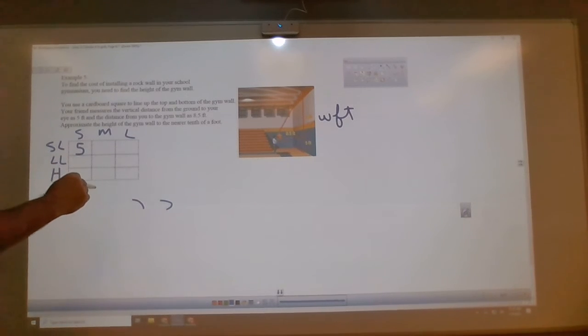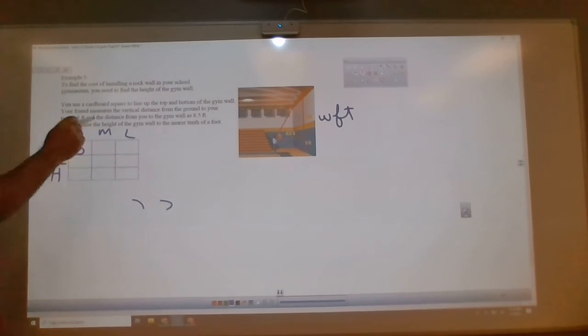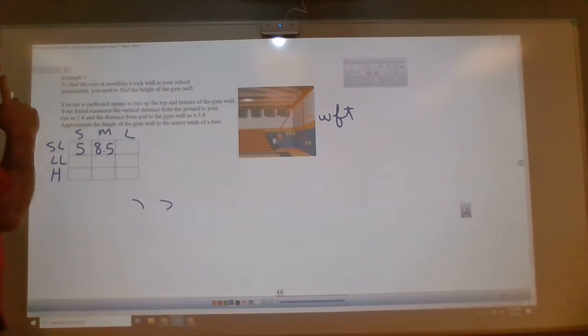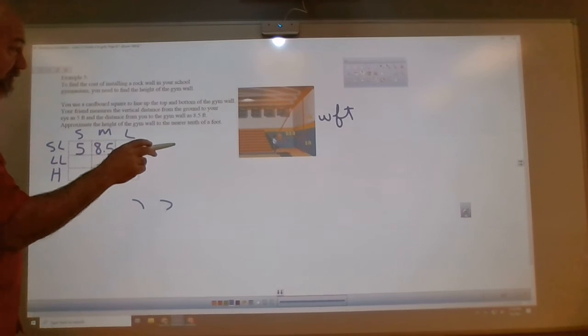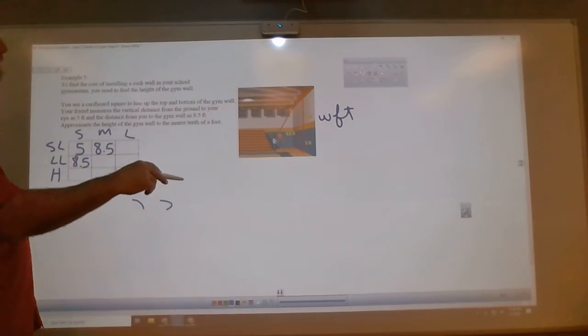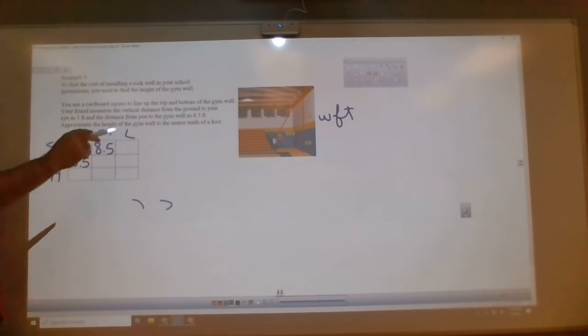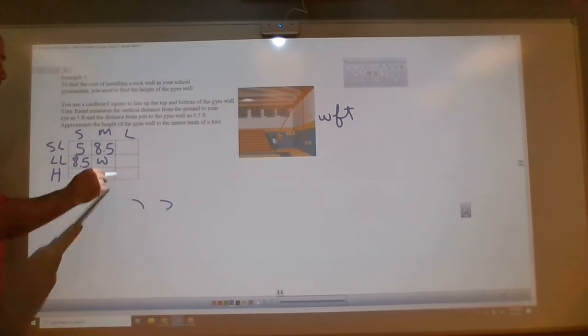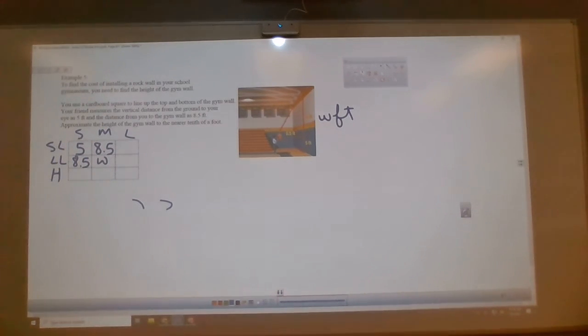Short leg of the medium, that's 8.5. Long leg of the small, 8.5. Long leg of the medium, W. See that?